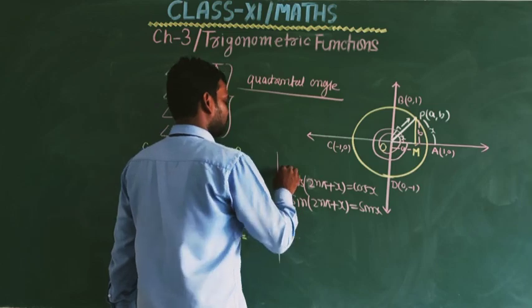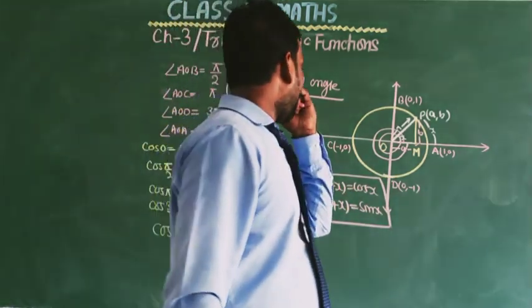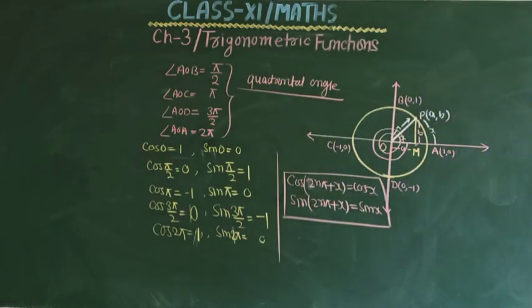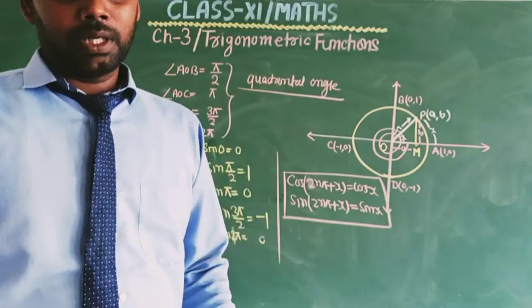Okay, because here we see that after one complete revolution the point P reaches the same point. So x is increased as an integral multiple of 2 pi. So therefore sine and cosine function is unchanged. Clear?